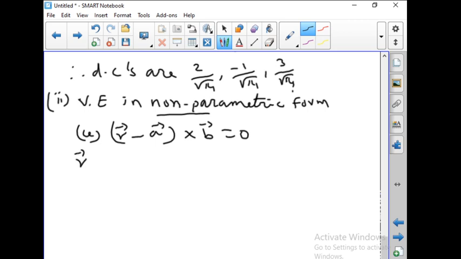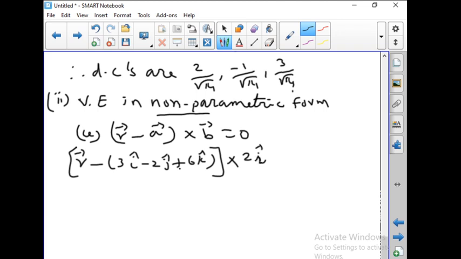So we have r vector minus a vector, we have already written, that is 3i cap minus 2j cap plus 6k cap, cross b vector. So b vector is 2i cap minus j cap plus 3k cap is equal to 0. So this is the non-parametric form.